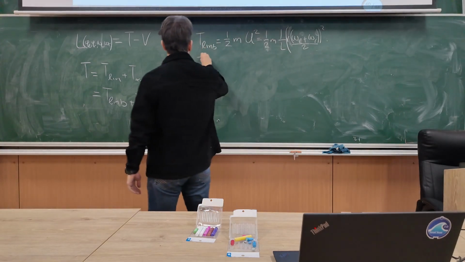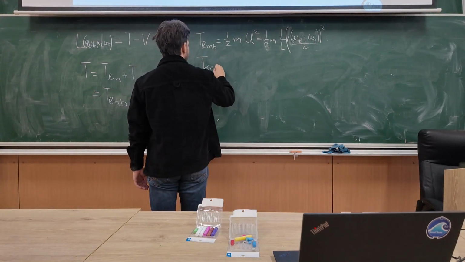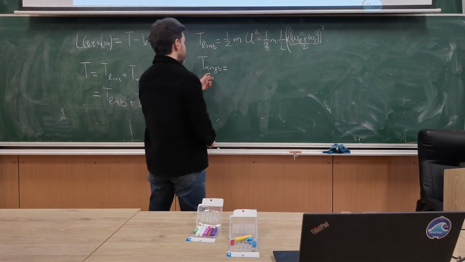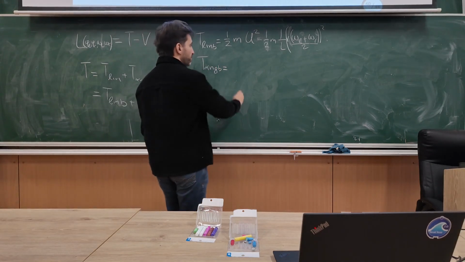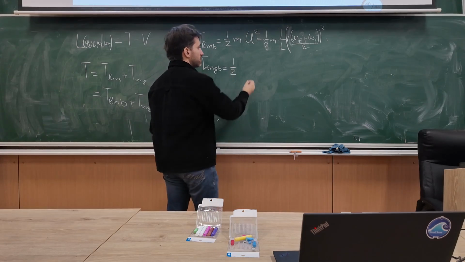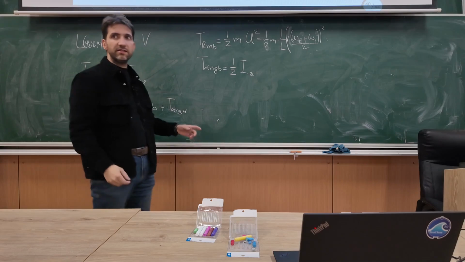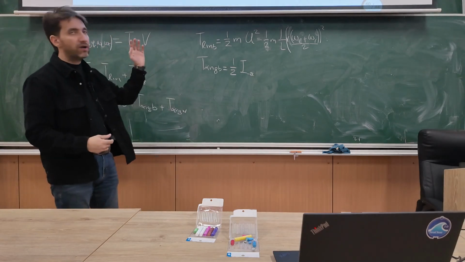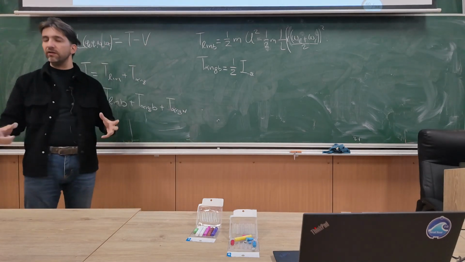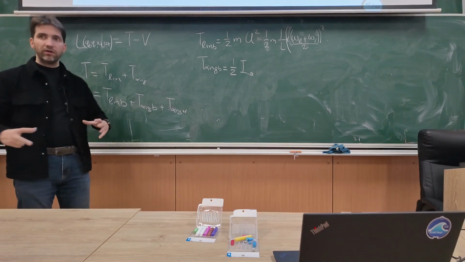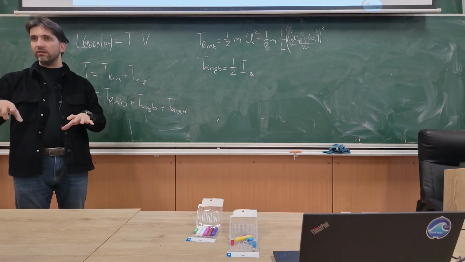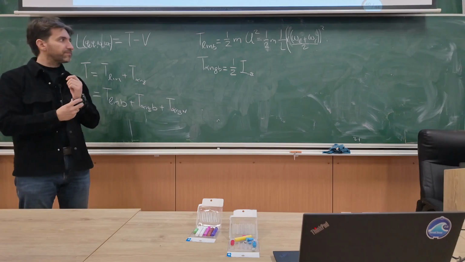Right? Similarly, the angular kinetic energy of the body will be 1 over 2, some inertia. I call this Izz, which is the inertia. So I will have to calculate the moment of inertia for the body. You remember, but since I only have 1 rotation, I would take the element that corresponds to that rotation.